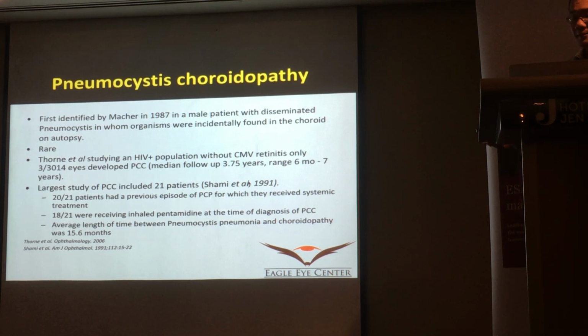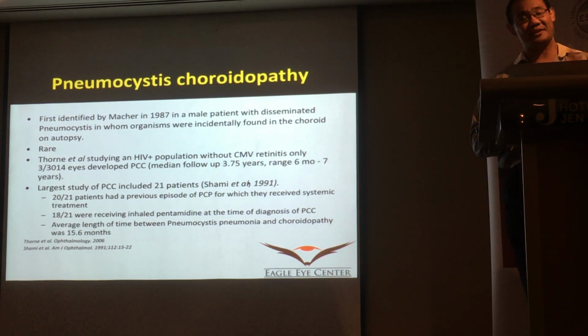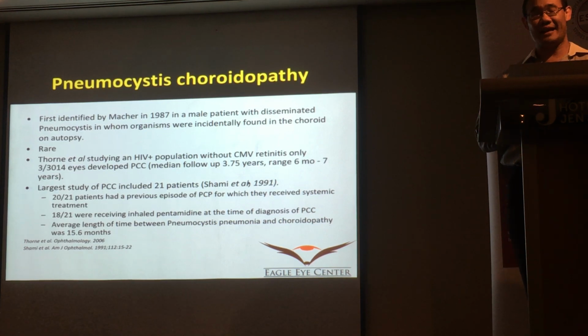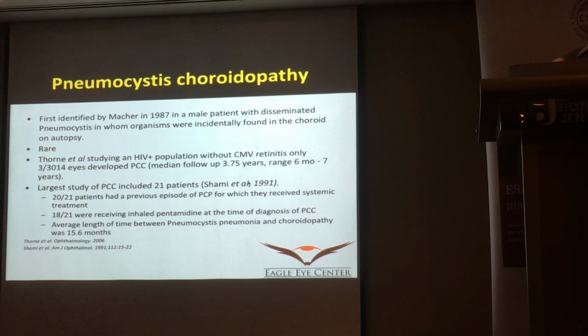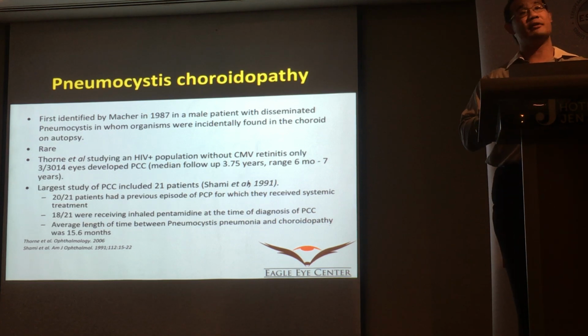The choroidopathy is rare, all right, that's probably the most common thing you just have to remember. Little white lesions don't look very active, they look very quiet, multiple small little lesions. Investigation of pneumocystis is quite easy. In this huge study of the HIV population without CMV retinitis, 3 of 3,000 patients developed pneumocystis choroidopathy, so it's really quite uncommon.